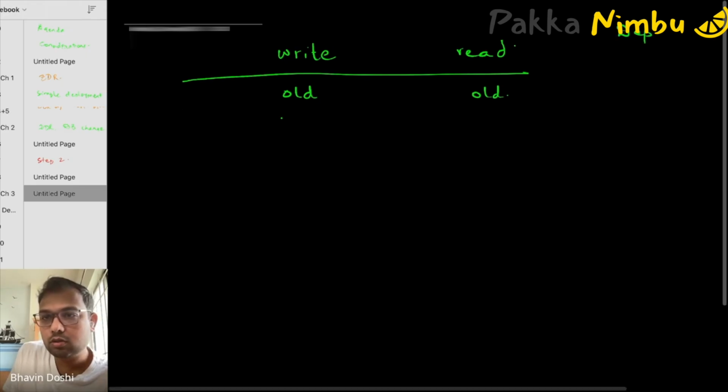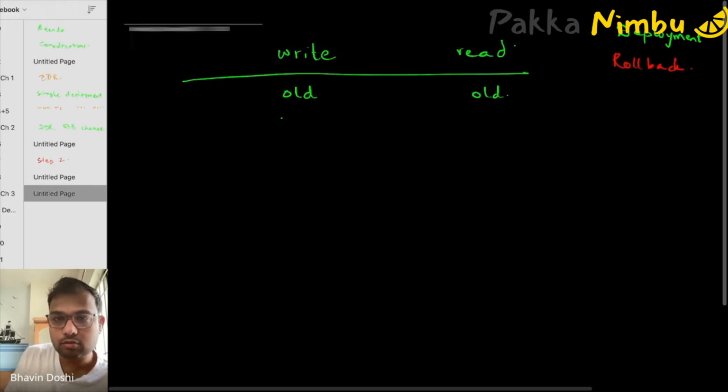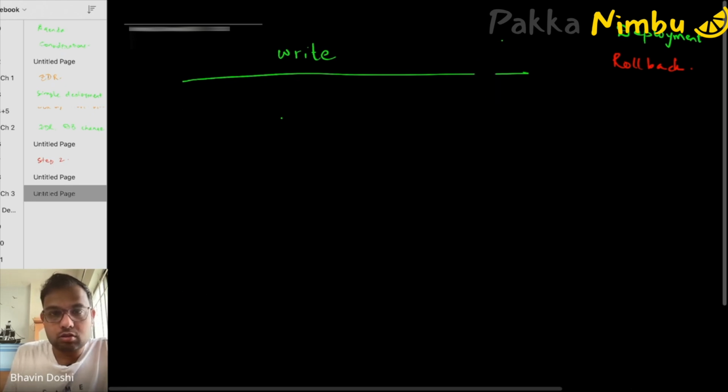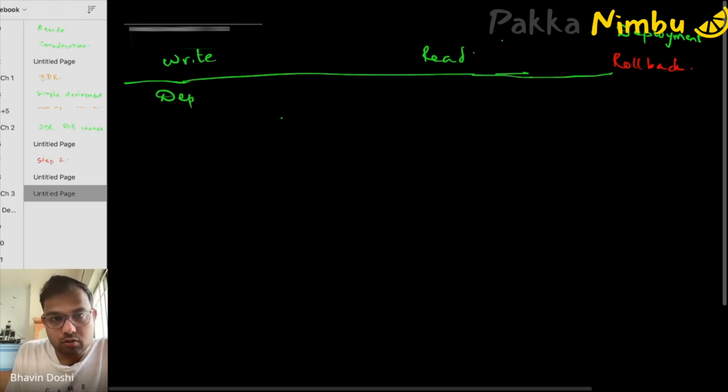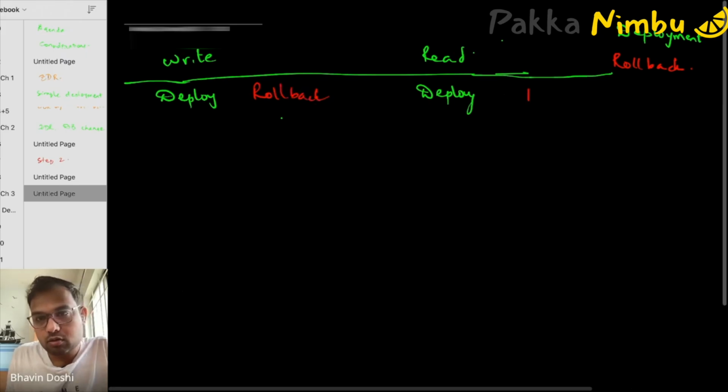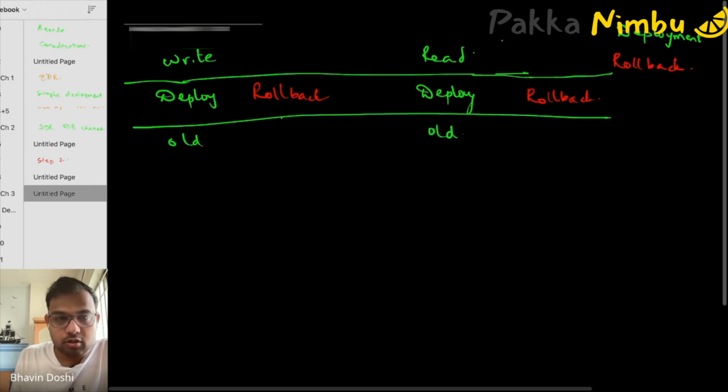So if I write the deployment in green and the rollback in red, then, I need to use the space better. And this will be the rollback. First, if yours was old and old, then you add column. So rollback is going to be delete column.